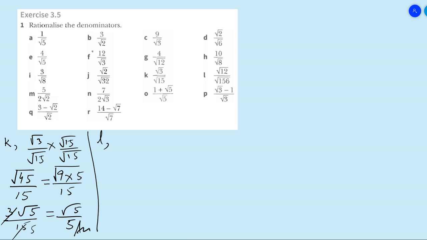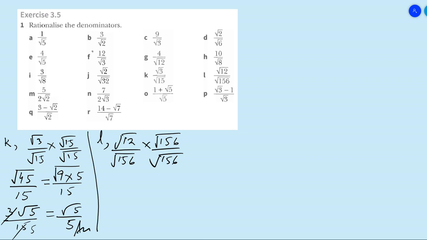Part L is root 12 upon root 156, multiply and divide by the denominator root 156. 12 into 156.